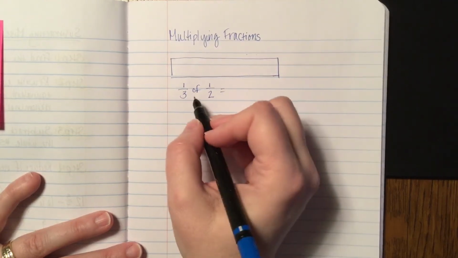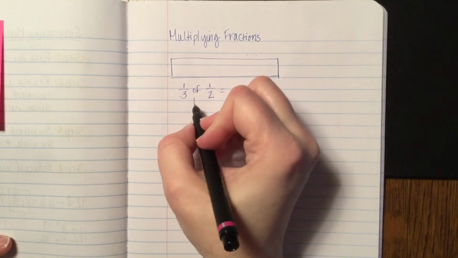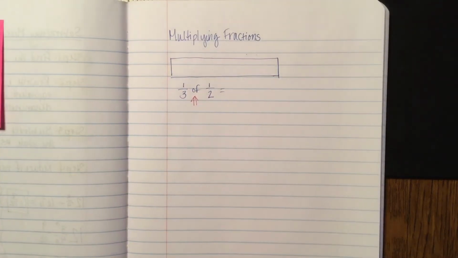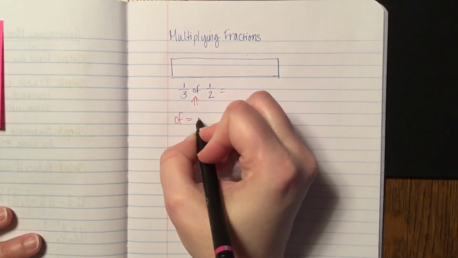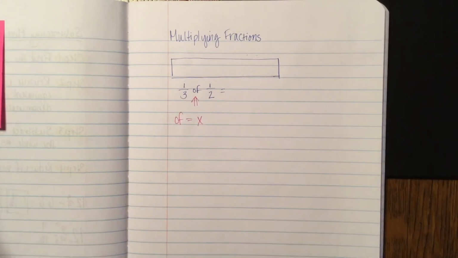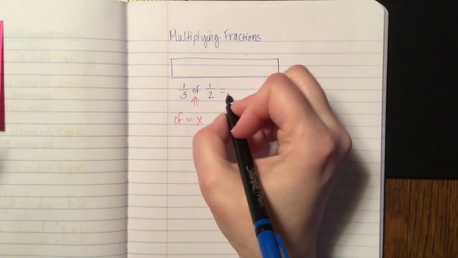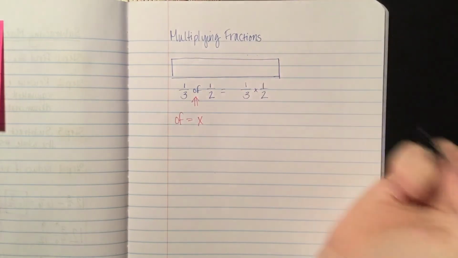I want you to see this fancy word "of" right here. And I want you to think multiplication every single time. Okay, "of" means multiply every time. That's your new math term of the day. So you can rewrite this problem as 1/3 times 1/2.